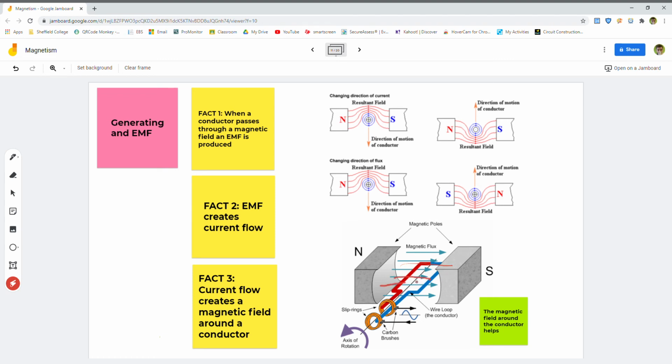So what actually happens is the turbine's turning away, attached to the generator, the EMF is produced, the current is then formed by the free electrons moving, then we create a magnetic field around the conductor, and it helps to continue to spin this entire assembly by attracting and repelling it.